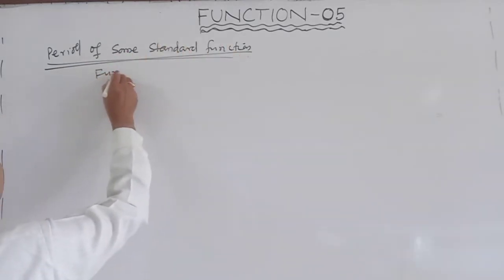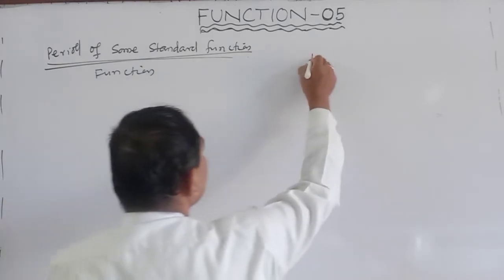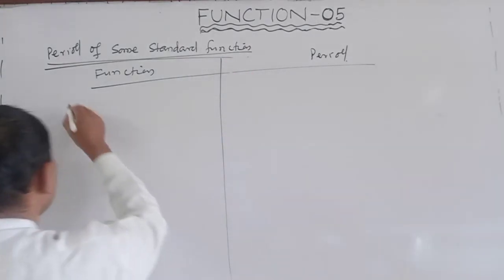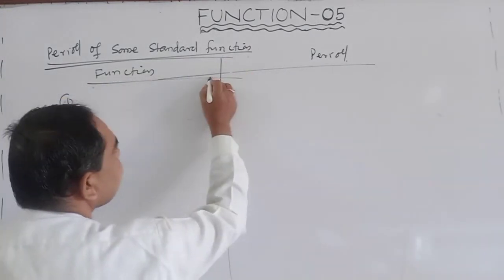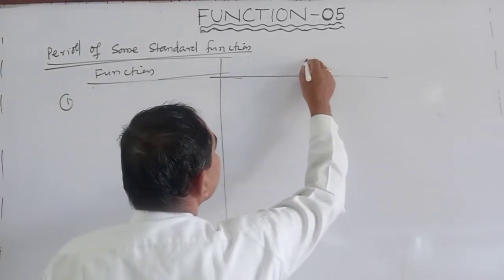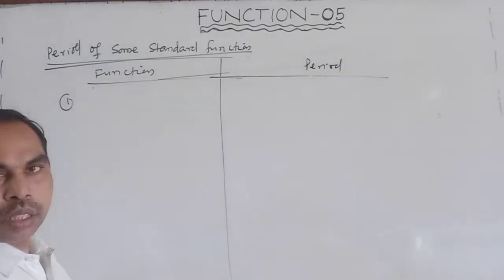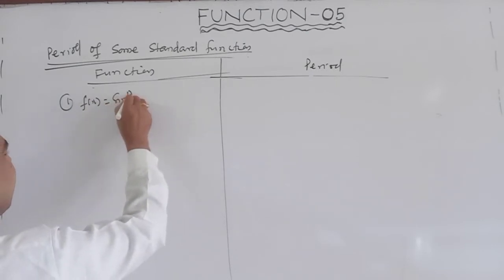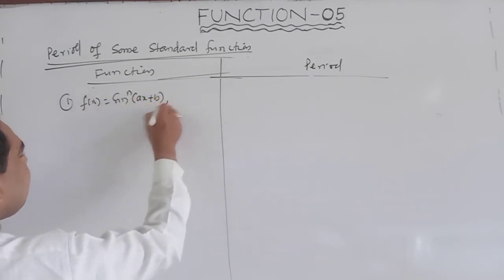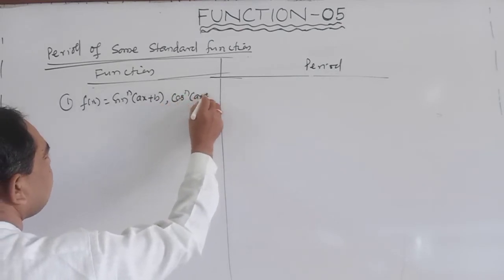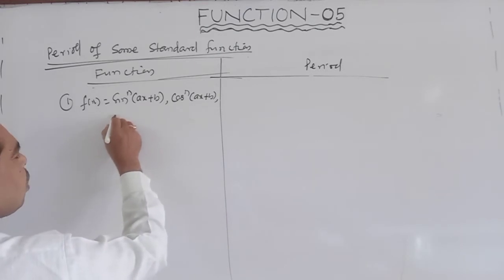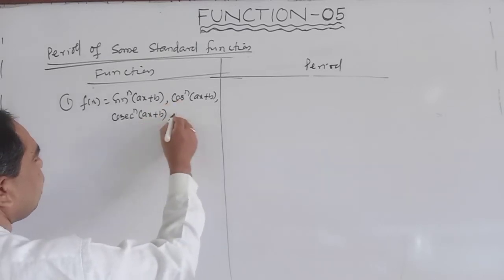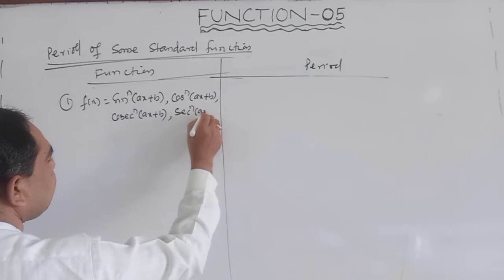This is a function, this is a period. One: f of x is equal to sin to power n of (ax plus b), cos to power n of (ax plus b), or cosec, the opposite of sin, cosec to power n of (ax plus b), or the opposite of cos, sec to power n of (ax plus b).